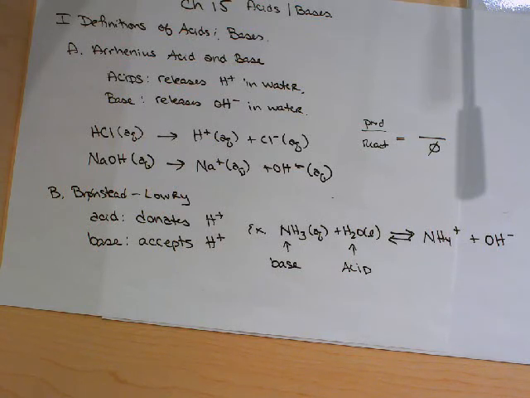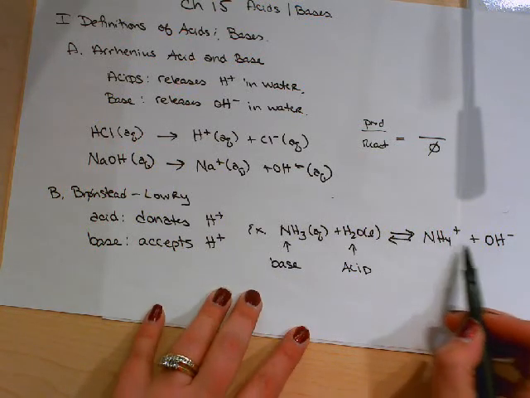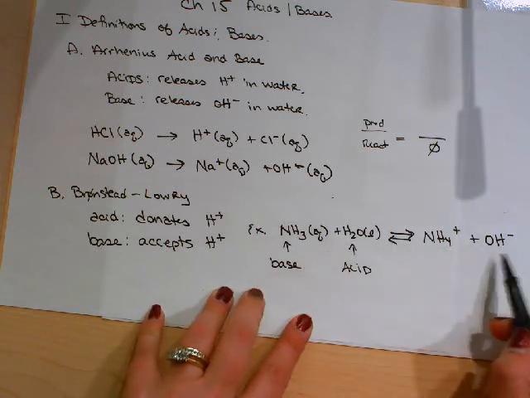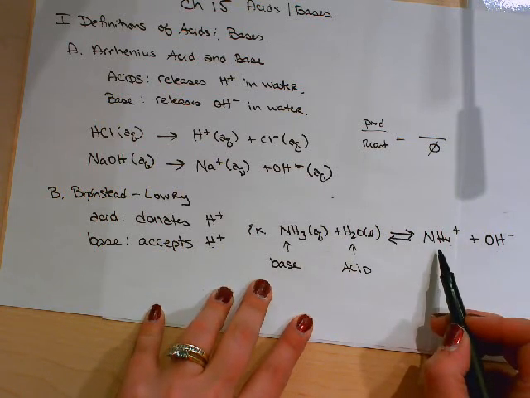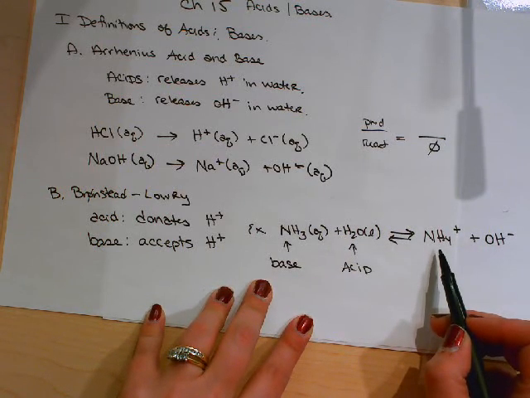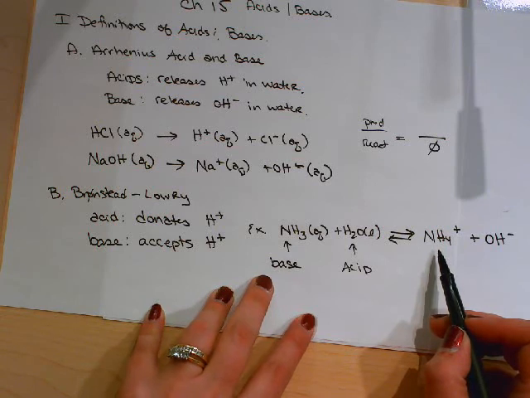Because it's in equilibrium, it can go in reverse. If I look at this reaction in reverse, is NH4 going to give away its proton or take another one? Give it away. So if it gives it away, what is it?